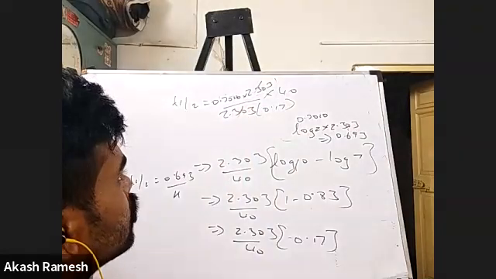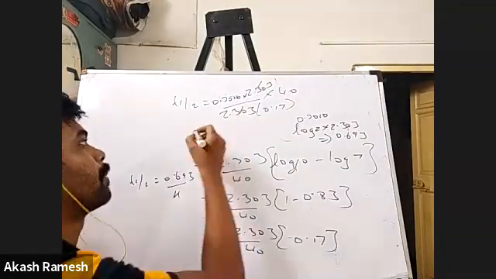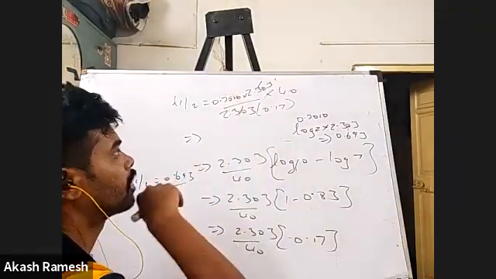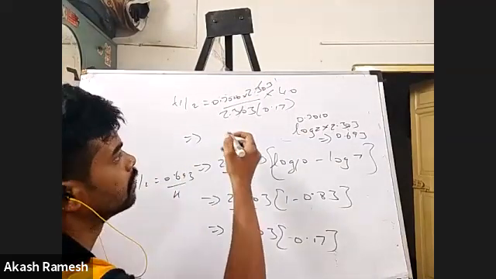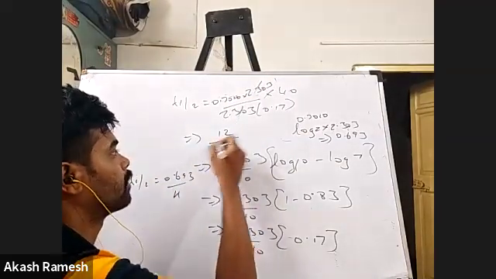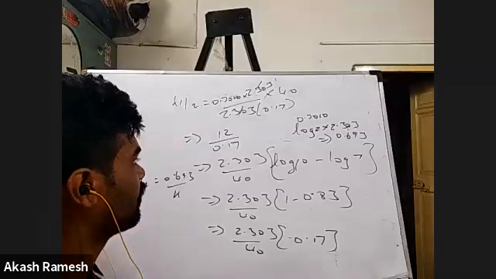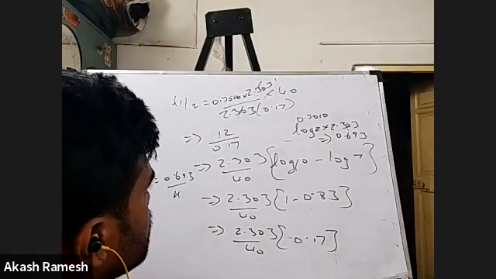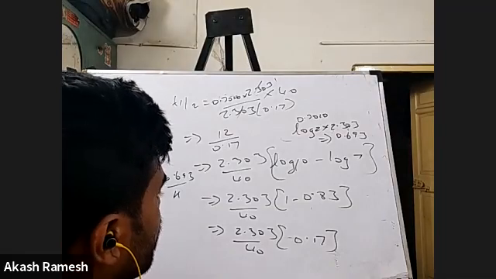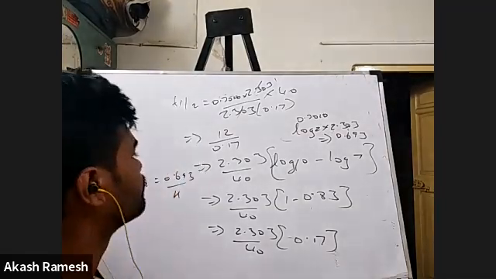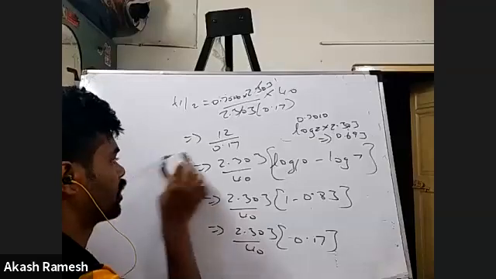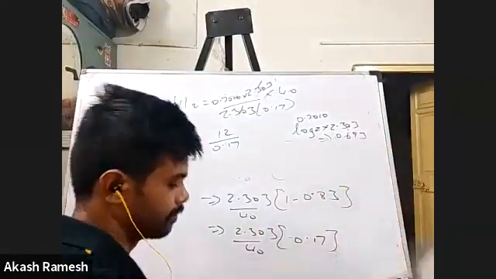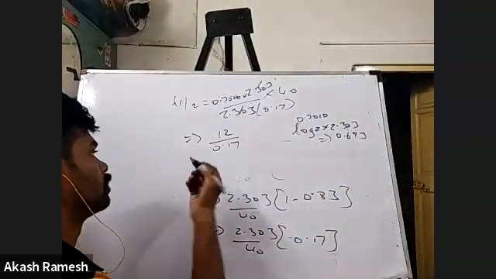So what I have is, approximately, 0.3 into 40 will become 12, divided by 0.17. So 12 divided by 0.17, and that calculation should be a little easier.